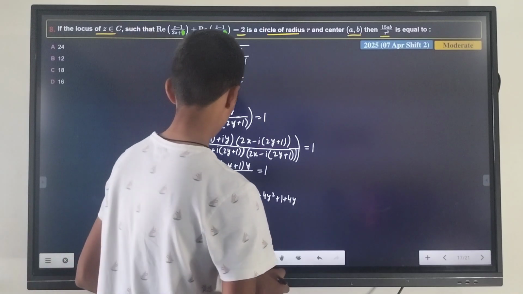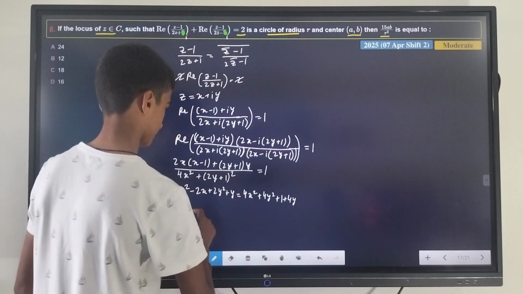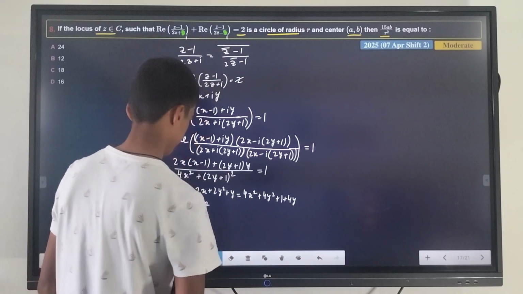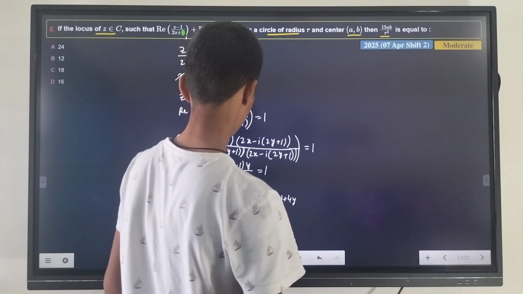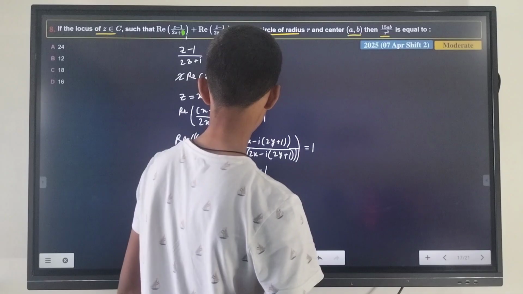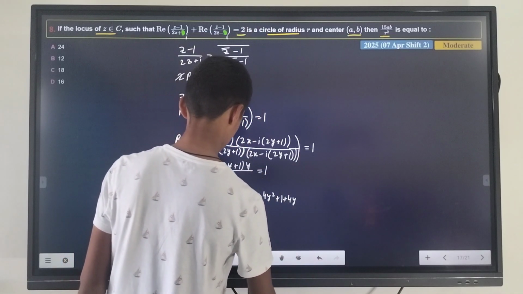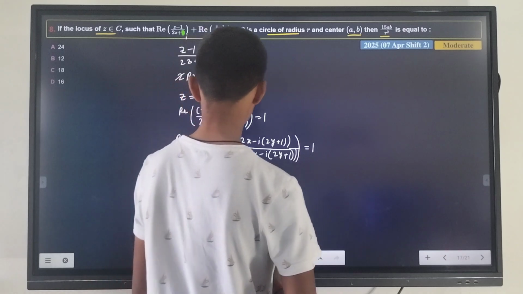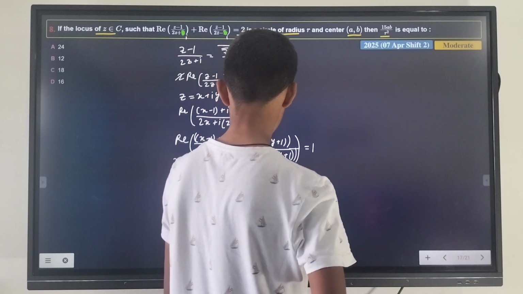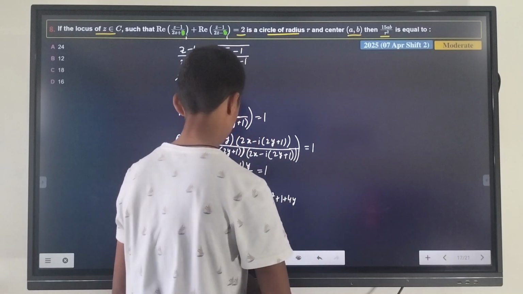From here we will take this to the right hand side. We will get 2x square plus 2y square plus 2x plus 3y plus 1 is equal to 0.